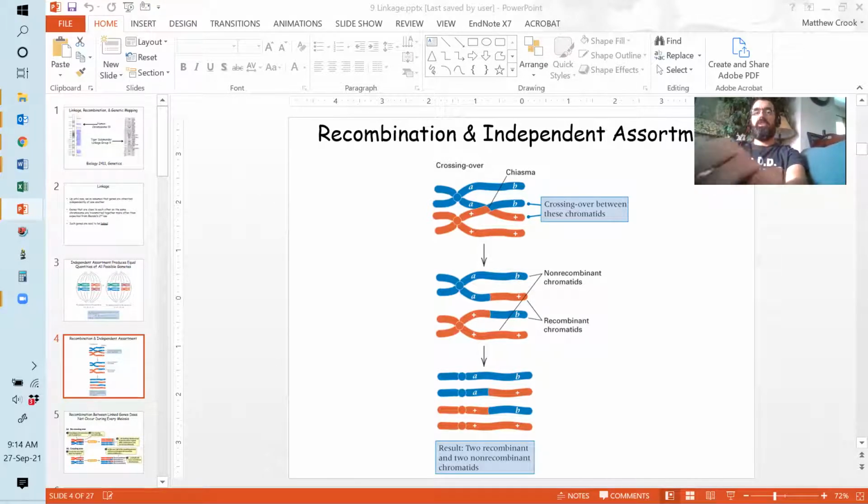So if 2 genes or loci are far enough apart, you will always get an equal ratio of the different allele combinations. Basically, as if they're on separate chromosomes. I mean, they're not, because they're on the same chromosome, but they're behaving as if they are.